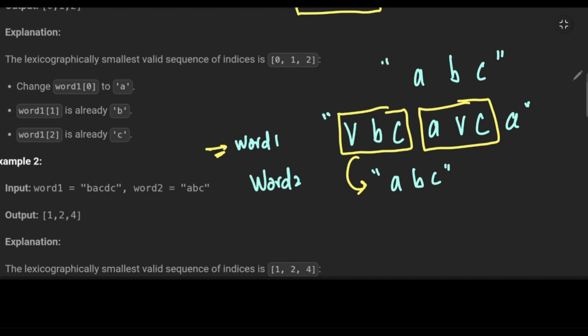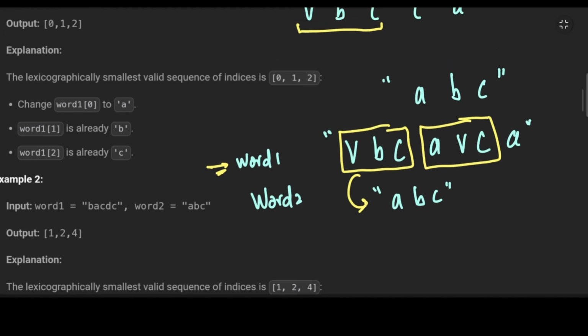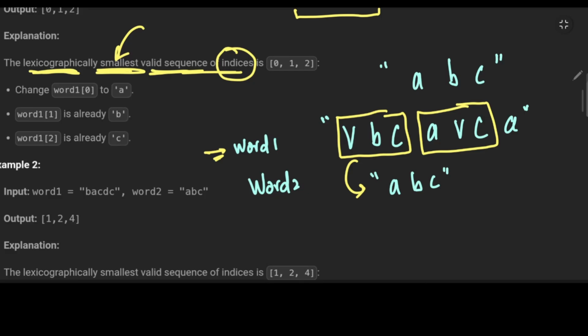Now what they are asking is that they want the lexicographically smallest valid sequence of indices. They want the indices and they should be lexicographically smallest. That is, let's say we have 0, 1, 2, 3, 4, 5 as the indices.